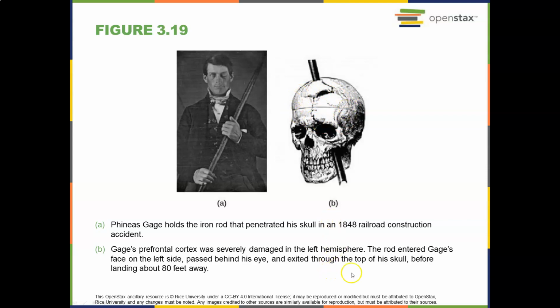That front part of the brain, by the way, is called the prefrontal cortex. That is in the very front part of the brain right here. Okay. So you can see right here, his eye is closed because that part was damaged. So just be aware of that, that actual damage to the brain can change thinking and behavior.